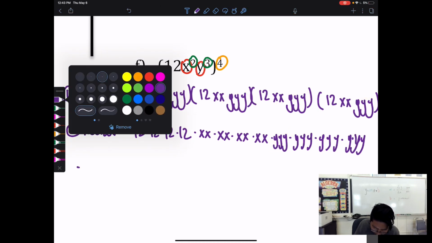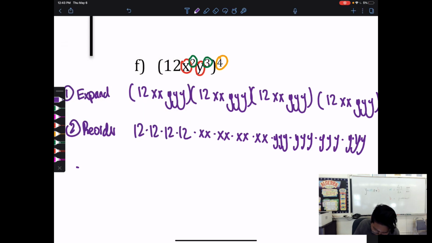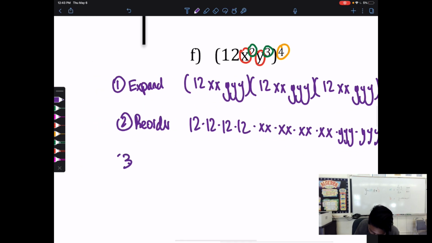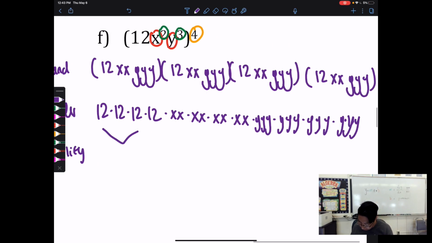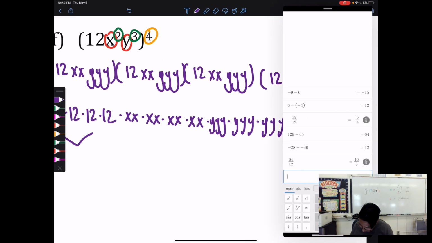And then the last step is finally to simplify. So 12 times 12 times 12 times 12.